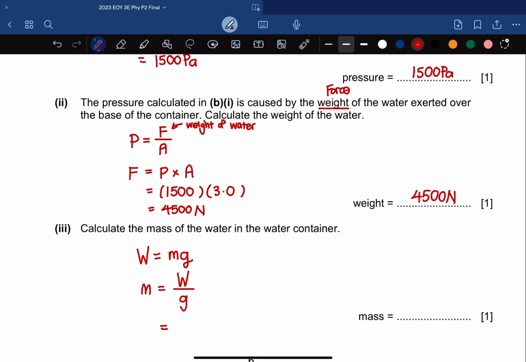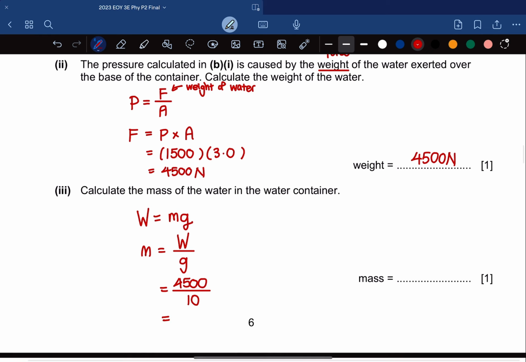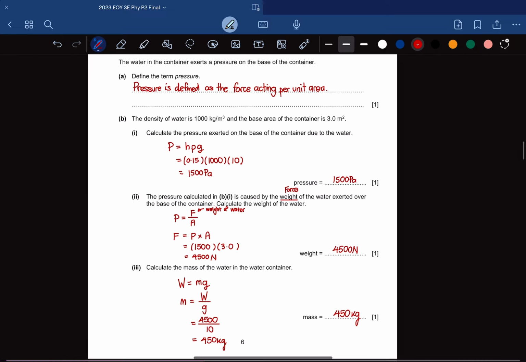From b part 2, we have found that the weight of the water is 4500 and the gravitational field strength is 10, which will lead us to the final answer, which is 450 kg of water. And this will be the answer for question 5.